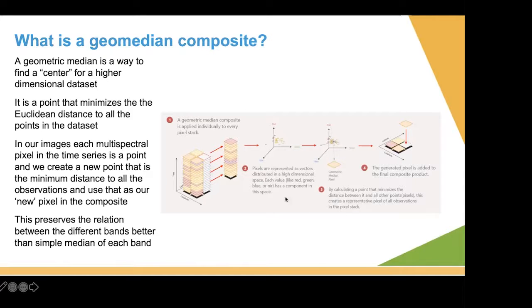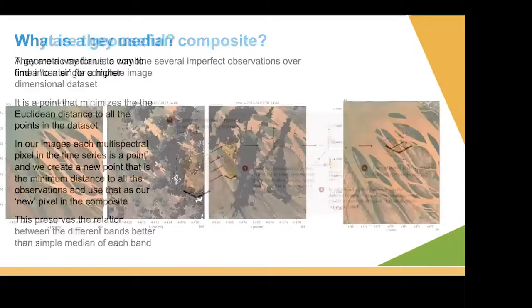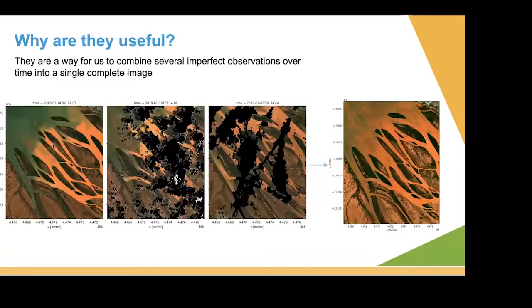So that's what this infographic represents. I'll let y'all look at that. I'll distribute this afterwards. So the main reason why geometric medians are useful is they let us take many imperfect observations and combine them together into a nice representative observation that we can then still do band math on, and it still means something.